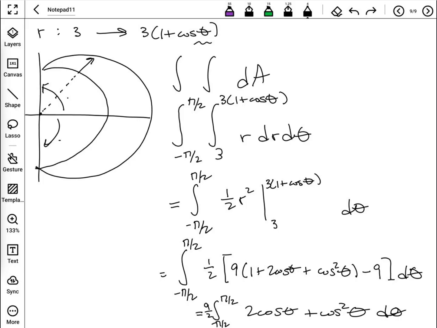Let me write that 9 over 2 a little bit better. So integrating cosine should be no problem. I figure it's this cosine squared that presented the problem to us. So for that, I'm going to need a trig identity.